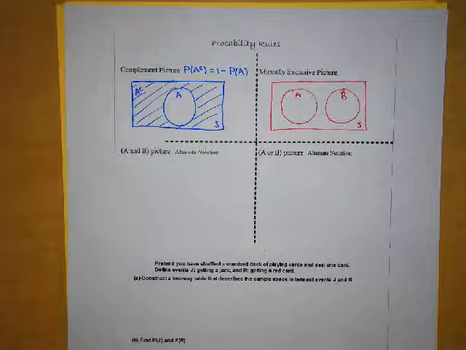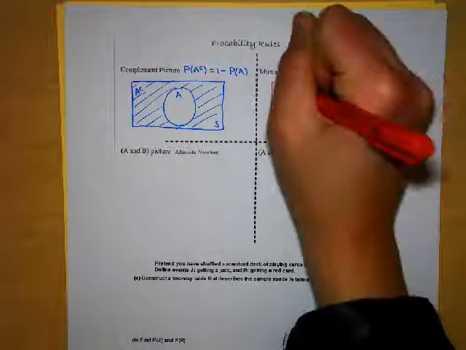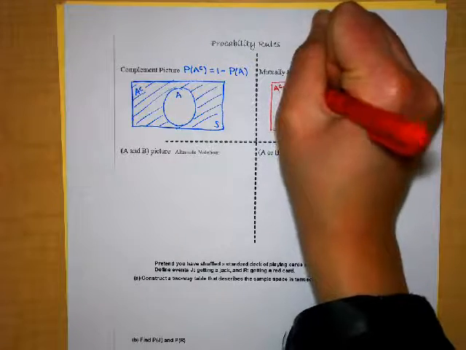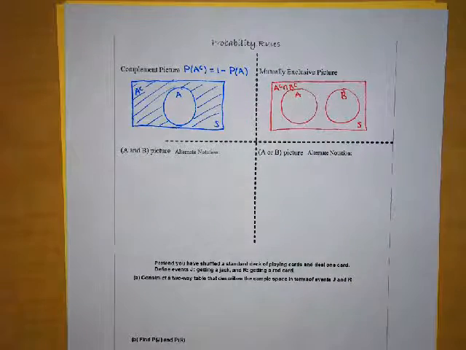Outside of A and B, so all this stuff outside the two circles, is A complement and B complement. So A not happening and B not happening.